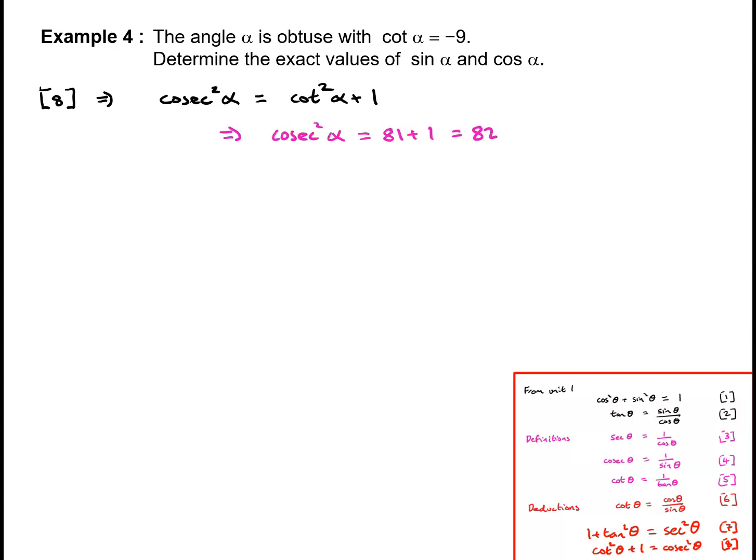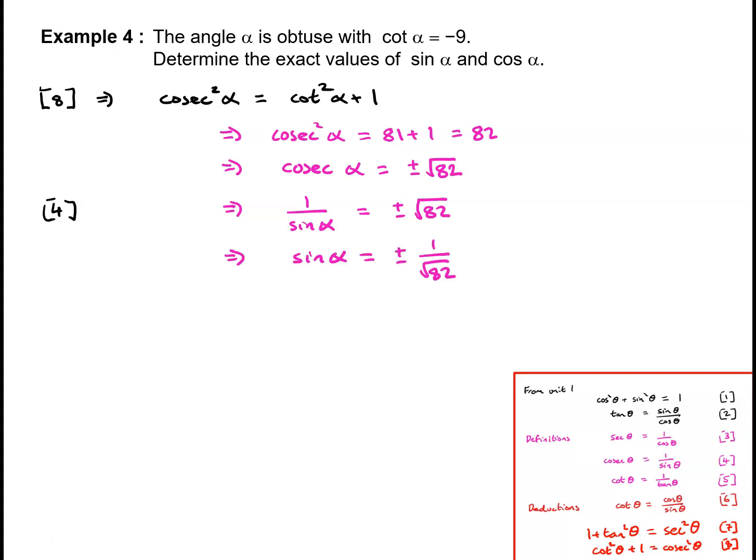So cosec squared alpha is going to be 82, which means that cosec alpha must be plus or minus root 82. We know that cosec alpha is 1 over sine alpha. So I've got 1 over sine alpha equals plus or minus root 82. So sine alpha is plus or minus 1 over root 82.